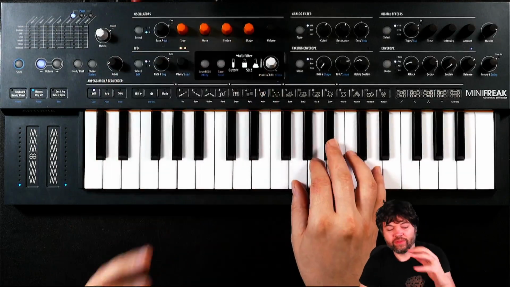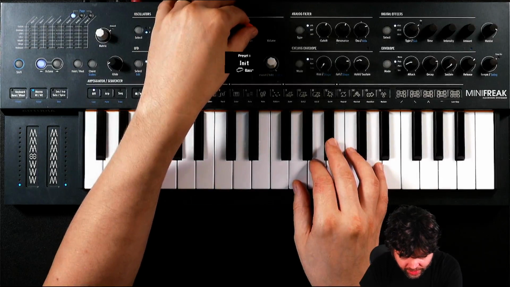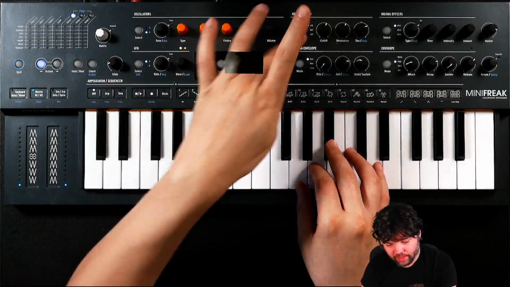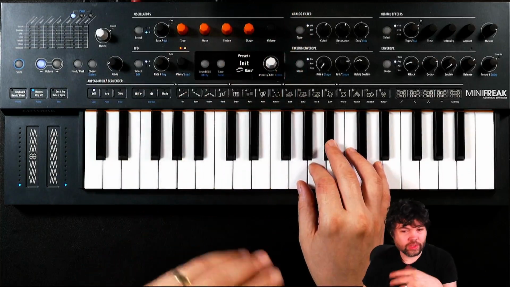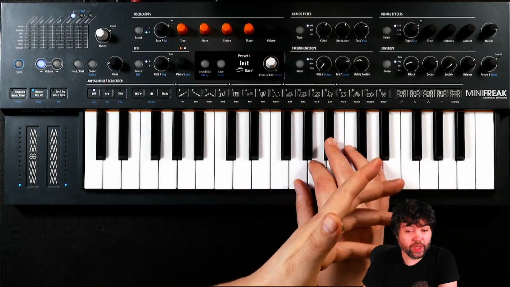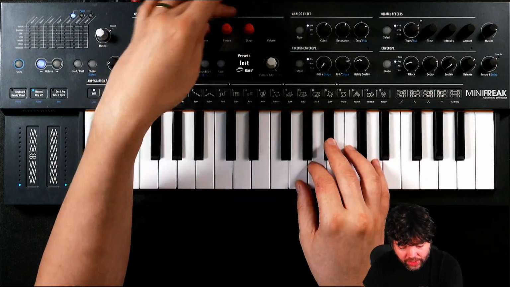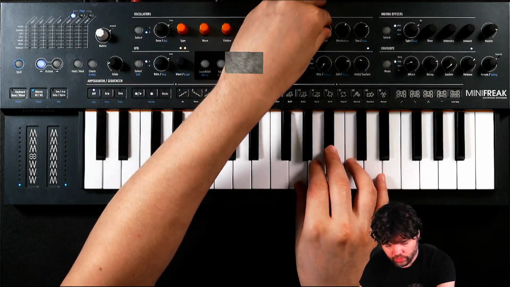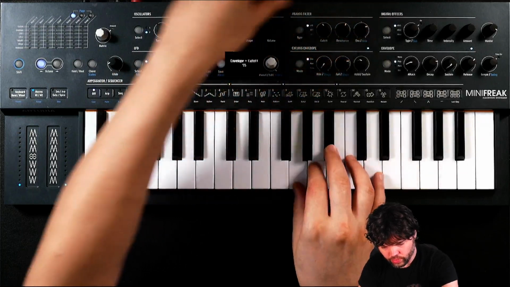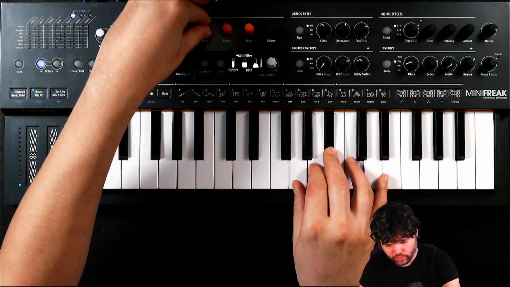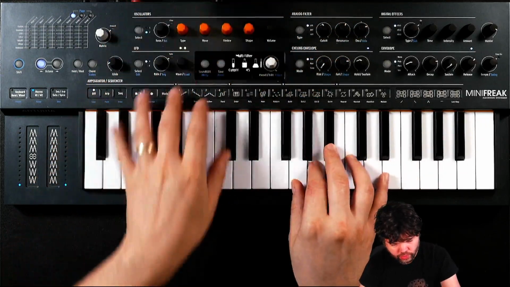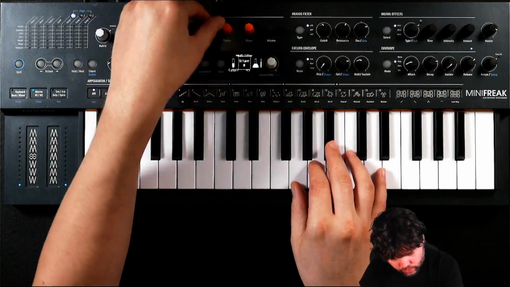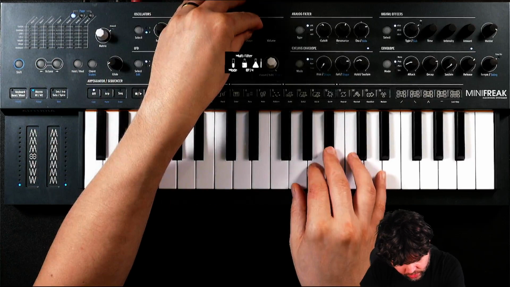I can imagine an envelope moving this could be quite pleasing. And consider that this is high-pass filtering, but that's not using the analog filter, so the analog filter is still low-pass filtering, so some interesting combinations available to you there. Let's move on.